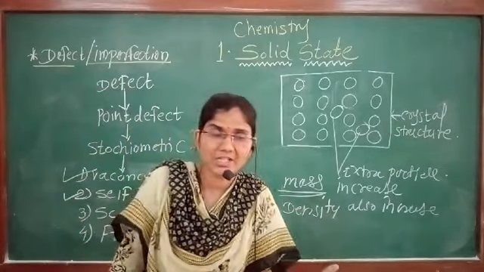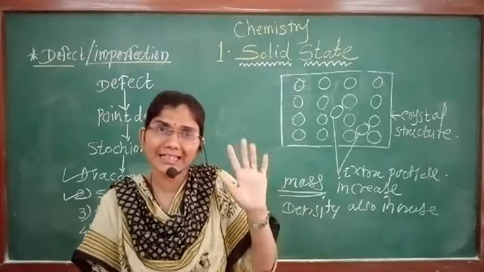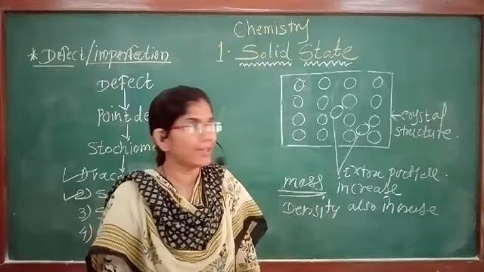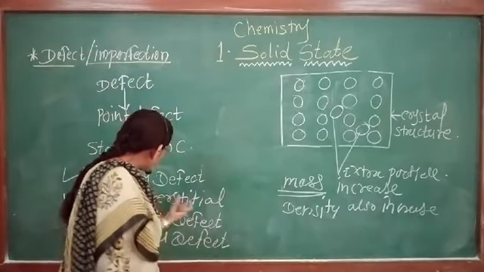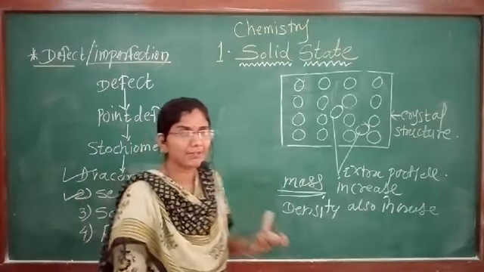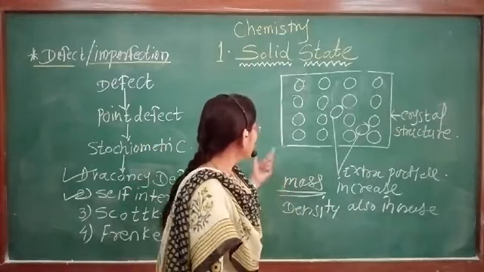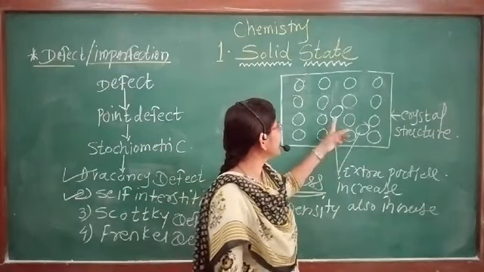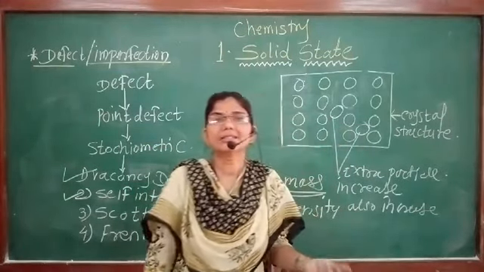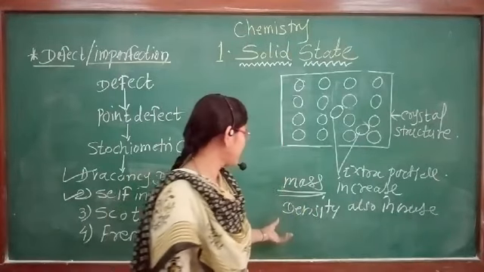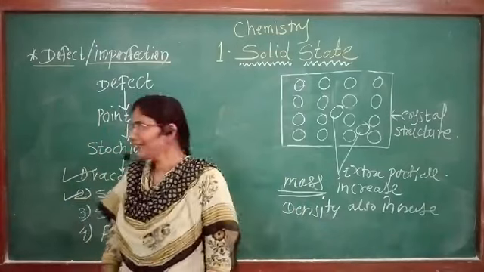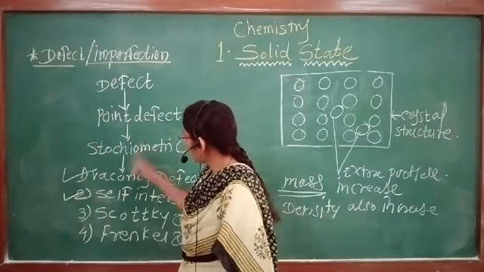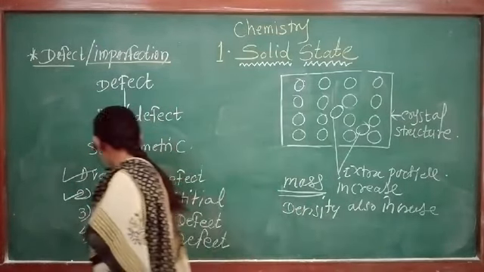In that interstitial defect the density remains unchanged, and in the other type of self-interstitial defect the mass increases because the extra particle is added in the same crystal structure, and therefore the density also increases. So this is the second type of stoichiometric point defect, the self-interstitial defect.